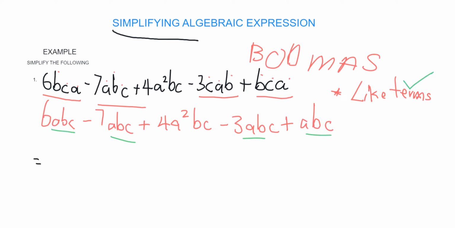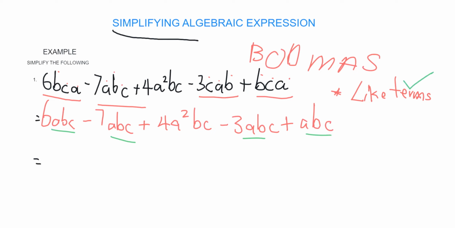When we are adding our like terms, what is it that we are going to have? Look, we are going to start here. What is 6 subtract 7? 6 subtract 7 ABC is going to be -1 ABC. Then -1 subtract 3 ABC is going to be -4 ABC.